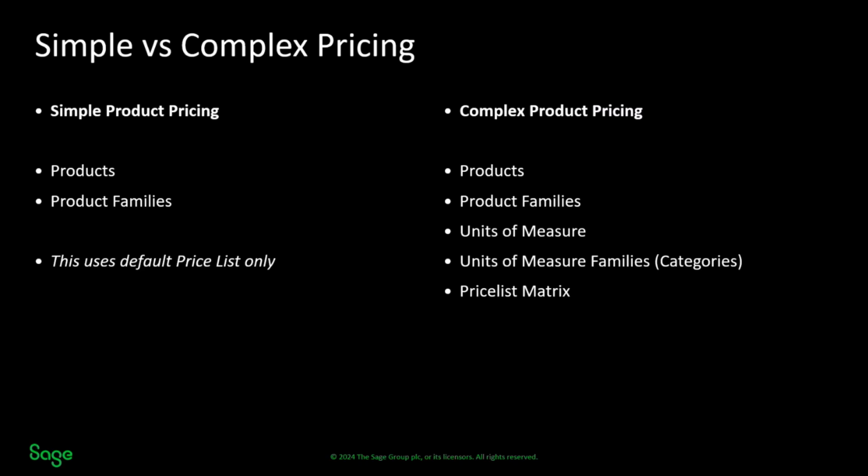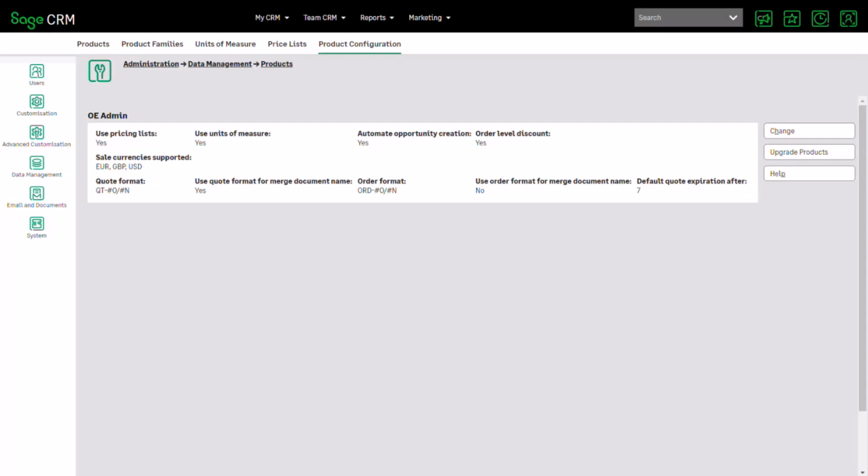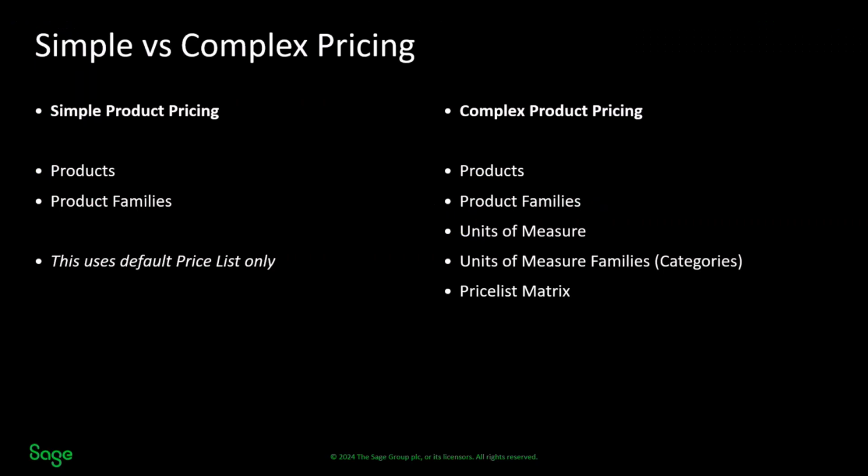As we look here, do you see we've got Use Pricing Lists and Use Units of Measure, those two items, as well as the available currencies that we're going to be using. Now, inside Sage CRM, we divide the concept of pricing into simple level pricing or complex pricing.